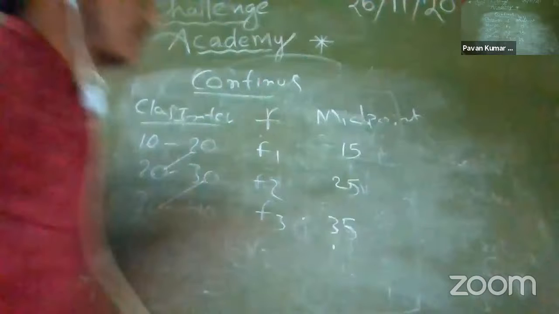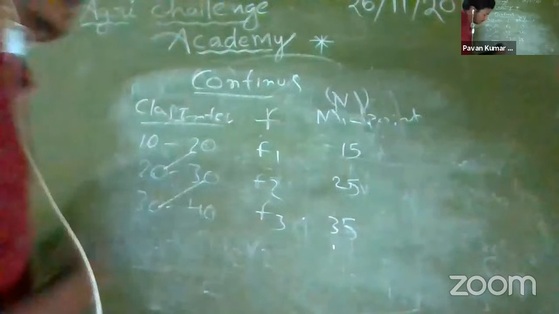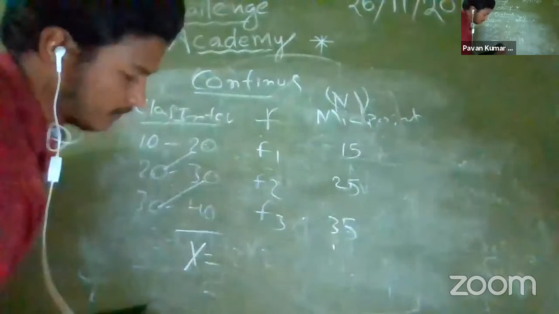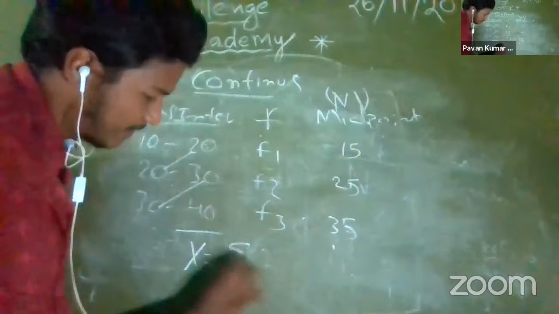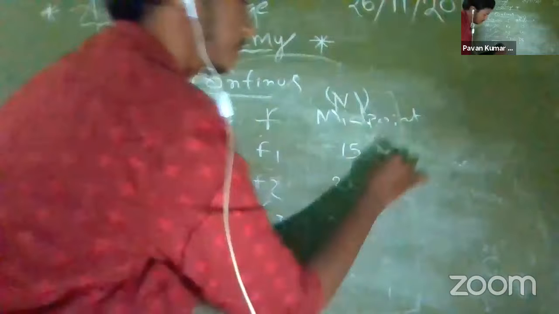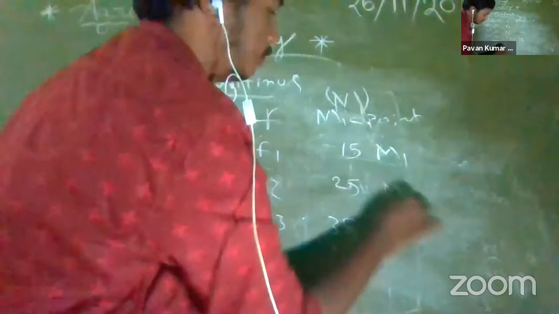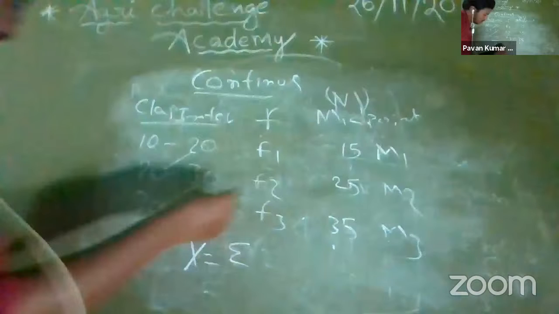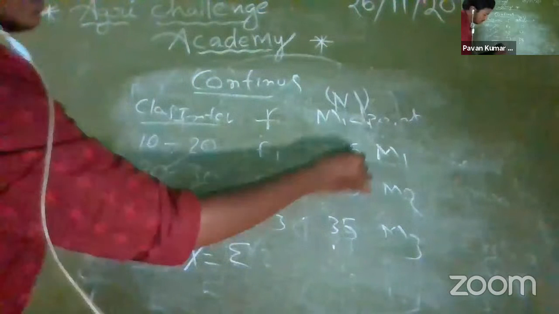Now x bar equals the summation of the midpoint multiplied by frequency: f1 with midpoint M1, M2, M3. Here we are assuming that the values inside this interval, suppose 22, 28, 27, are closely concentrated around this mid value. This is our assumption.